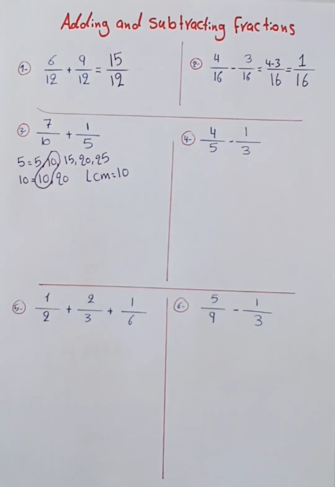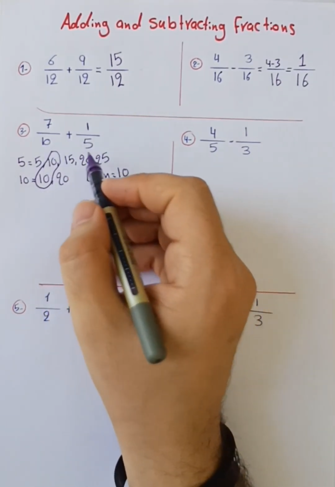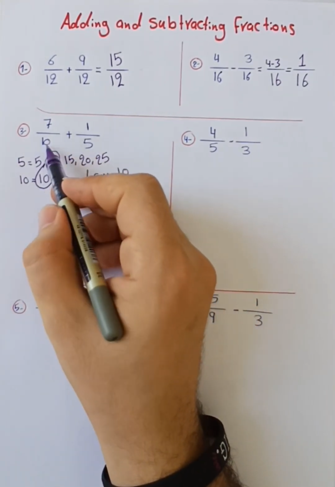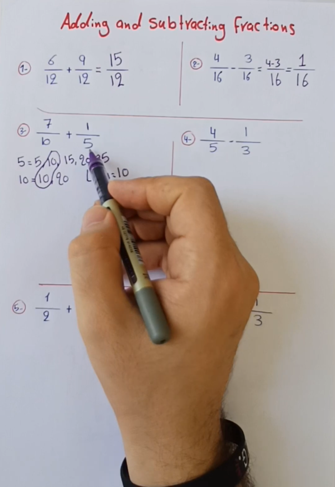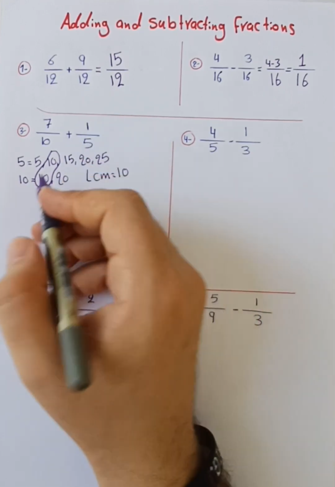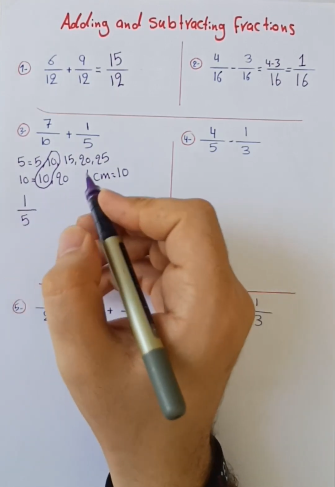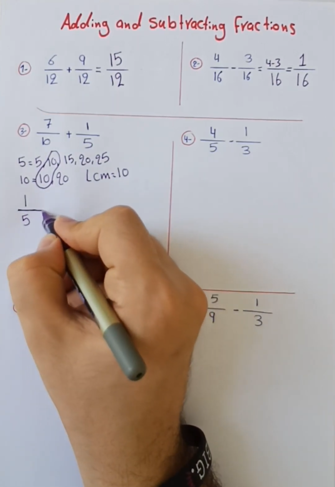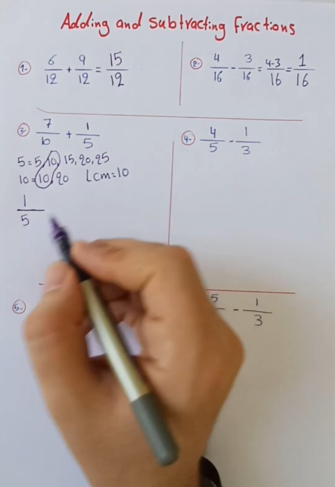After that we have to look at the denominators of the fractions. 7 out of 10, you have 10. It doesn't need to change this fraction, but 1 out of 5, the denominator is 5. You have to change the denominator of 1 out of 5 to 10. So you have to write down 1 out of 5, and then you have to think, 5 multiplied by which number equals 10?